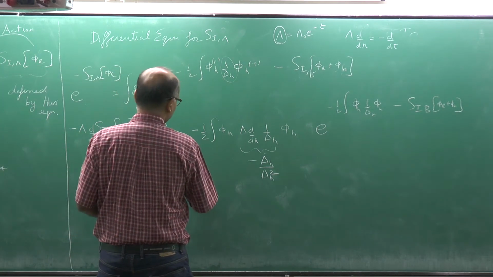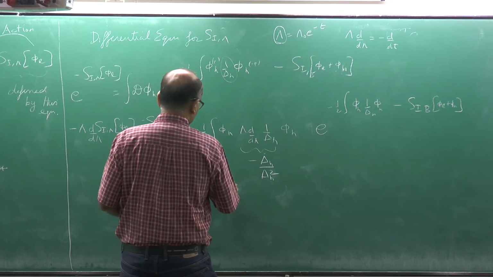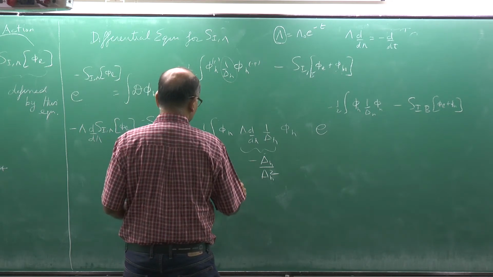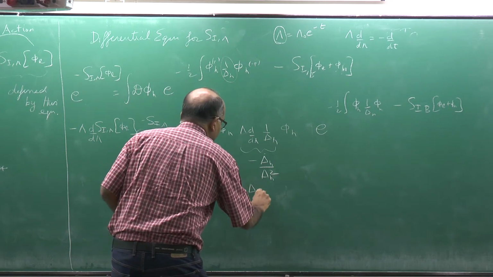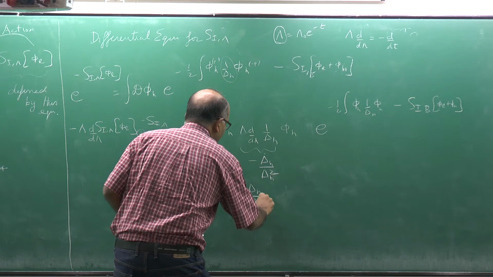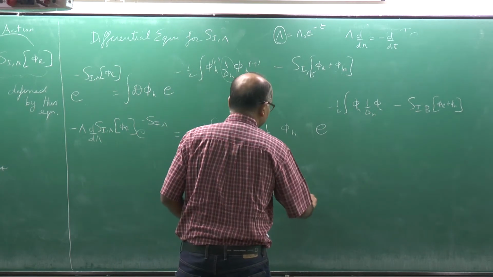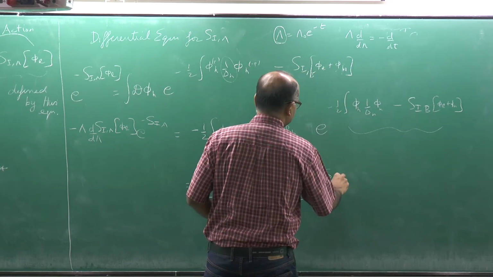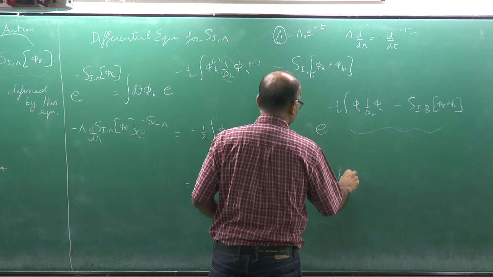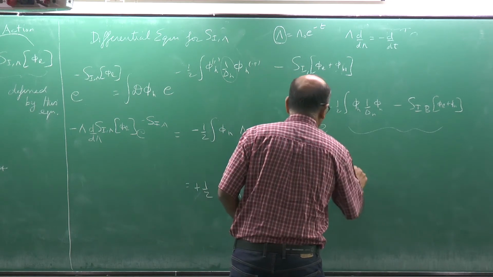So I get plus half delta h dot, phi h, delta h dot by delta h squared, phi h times all that. I'll just write this as e to the power minus s lambda. Oh, maybe I should call this sb. Yeah, sb.